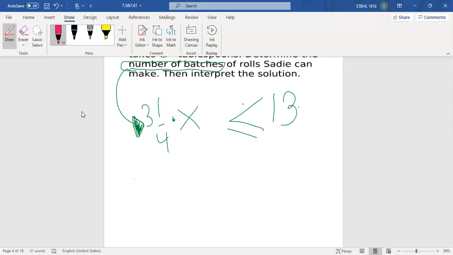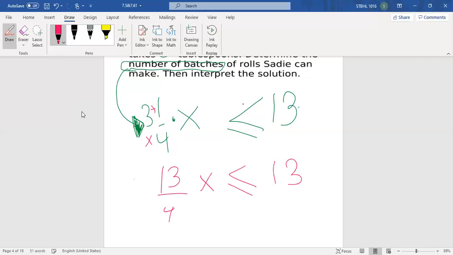You can change it to an improper fraction by multiplying the denominator by the whole number, then adding the numerator over the same denominator. 3 times 4 is 12, plus 1 is 13. So 13/4 x is less than or equal to 13.